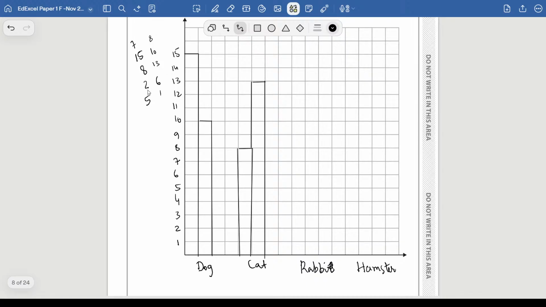The next is there are 2 for year 7 and 6 for year 8 for rabbit. So there are 2 of them for year 7, and for year 8, there were 6 who liked rabbit. And for the hamster, there were 5 from year 7.